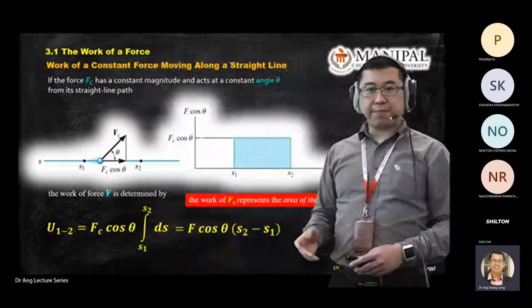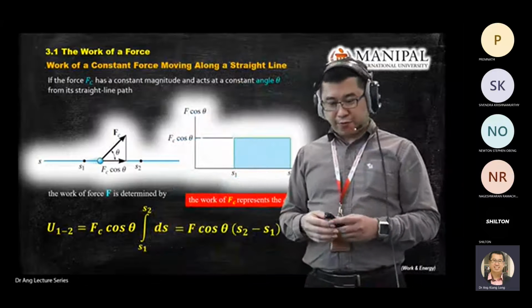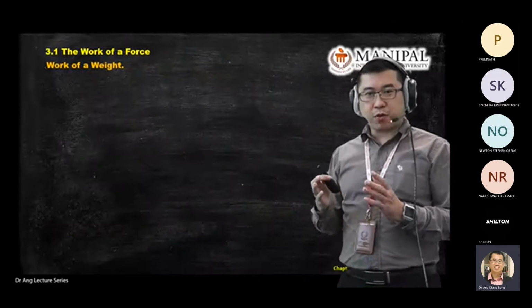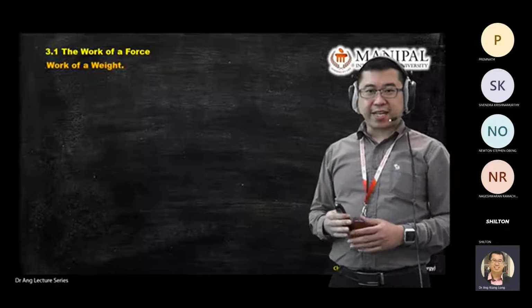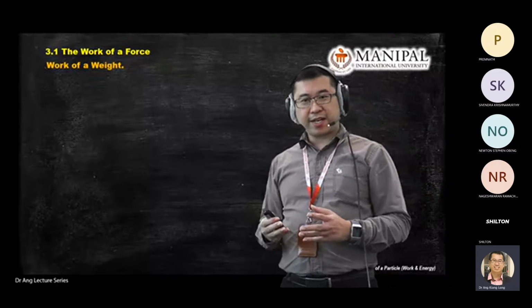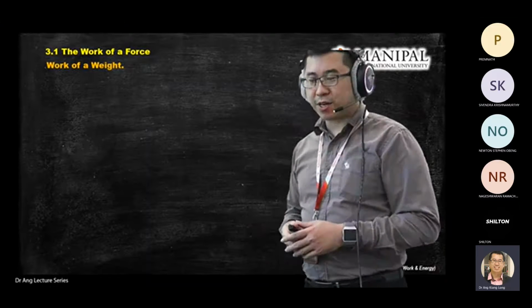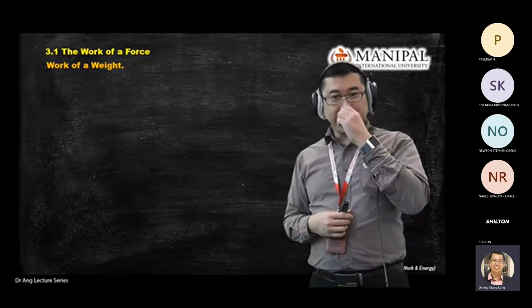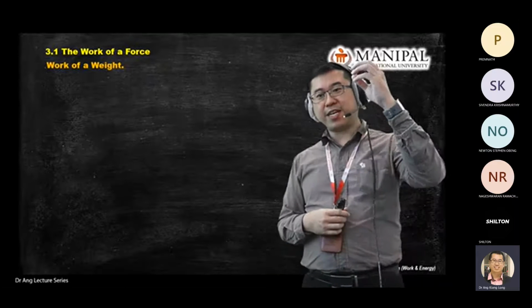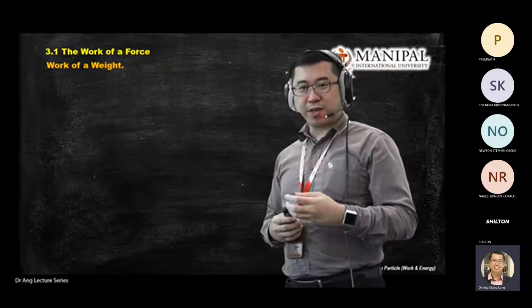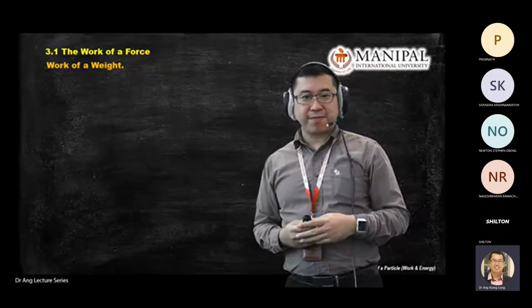weight. What happens if you have a weight acting on the body? Does the weight do work or not? Ask yourself the question. If the gravity pulls the object down, does it do work?